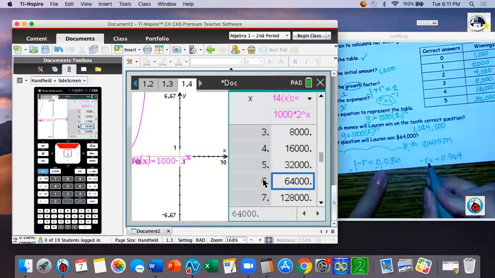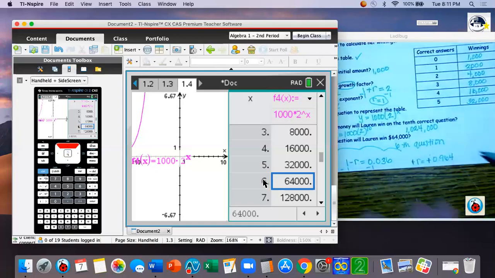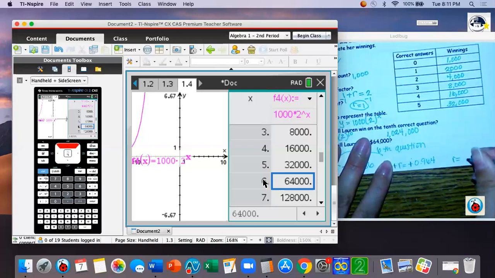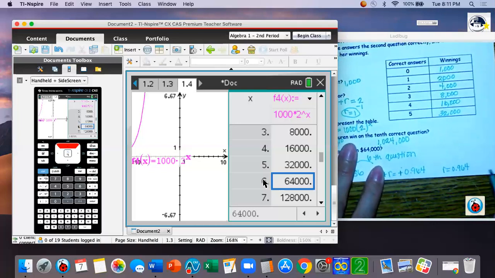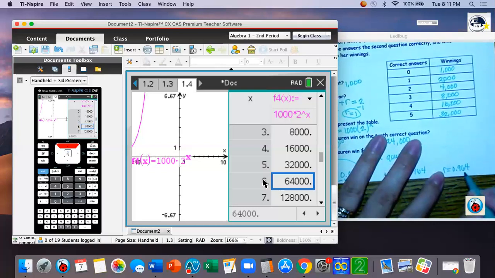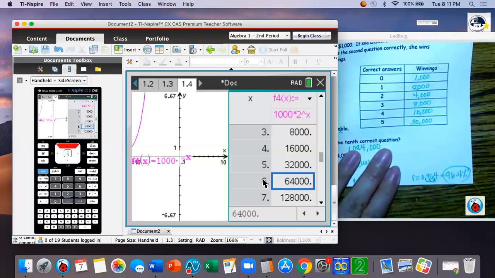And so that means I need to make these both positive because I can't have a negative variable. So my rate R would be 0.964. And then you would want to change this into a percent because remember my rate is in a percent. So I would just move my decimal 2 places. So I get 96.4% would be my rate, okay, of decrease, my decay rate.